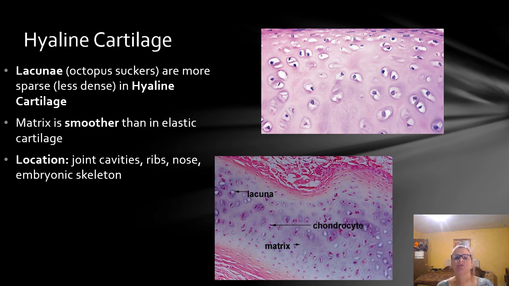Most articulating joints are covered in cartilage. The meniscus, for example, is hyaline cartilage. Ribs, costal cartilage, nose. All right, and so those are some of the locations where you'll find this. So look for more spaced lacunae. It's less dense in hyaline, and you have a smoother look to the matrix than the elastic cartilage. You don't see any scratchy looking things.